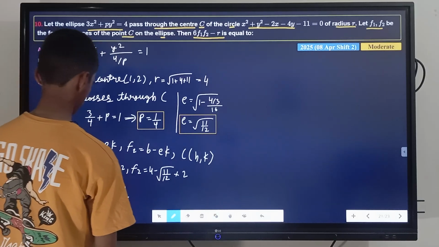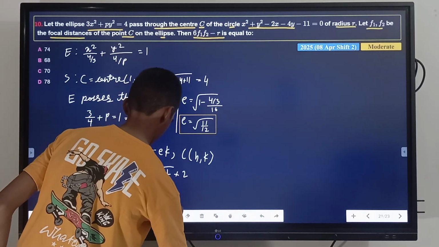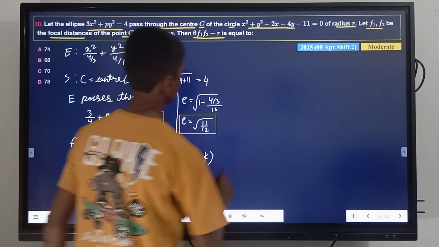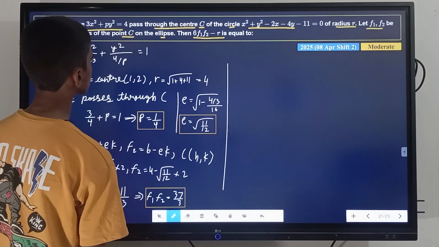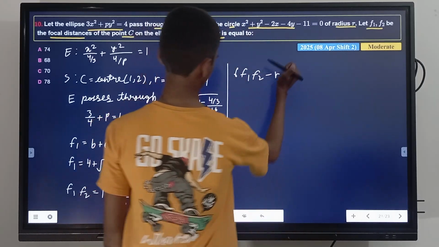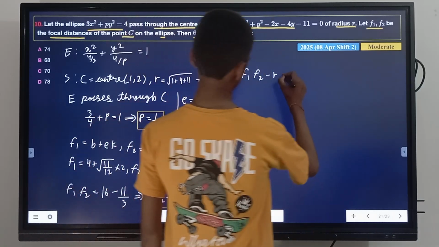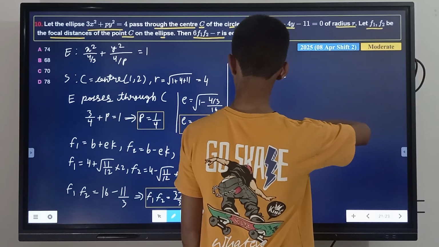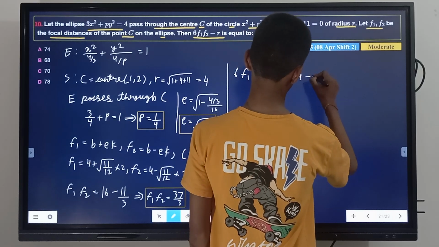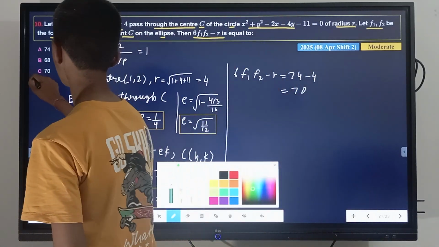So from here we get F1 F2 is equal to 37 by 3. 6 times F1 F2 minus r is equal to 6 times 37 upon 3, which is 74, minus r, r is 4, is equal to 70. So from here our answer is option C.